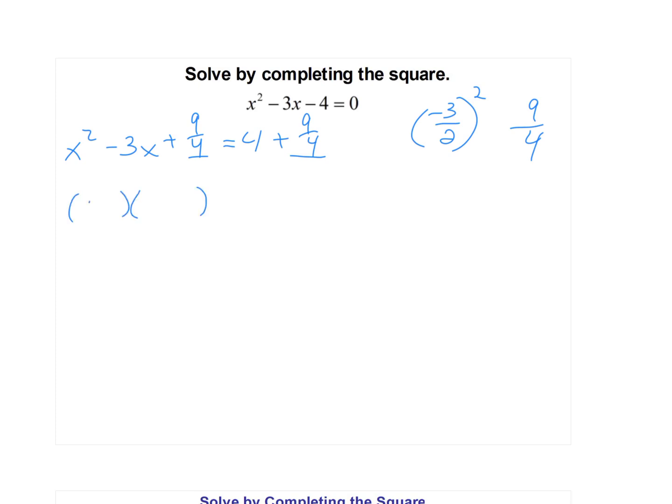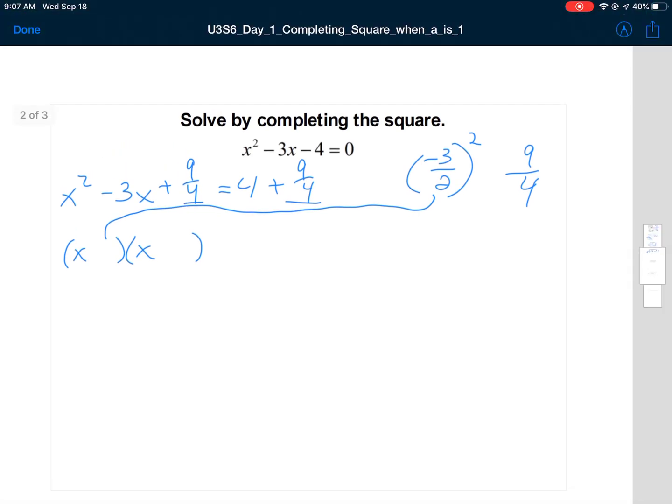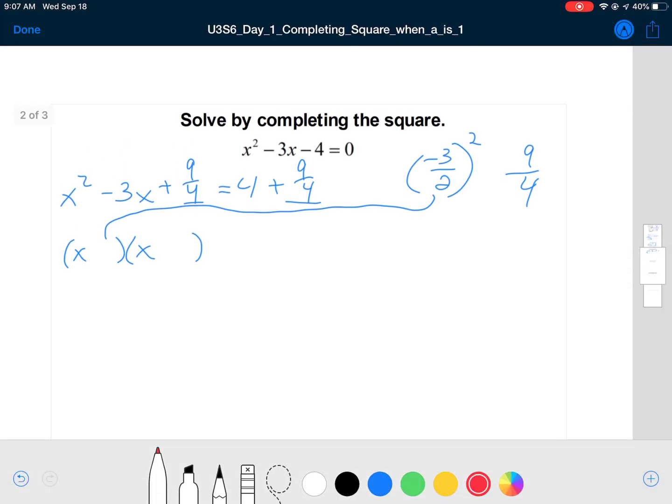It will all work out nice in the end, because notice this. When I factor, whatever I had in parentheses, remember, that's going to take the spot inside of those parentheses with my x's. So that's a negative 3 halves, negative 3 halves. It's always been that way.